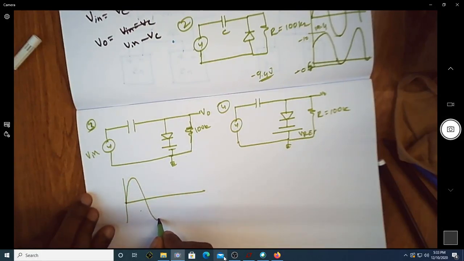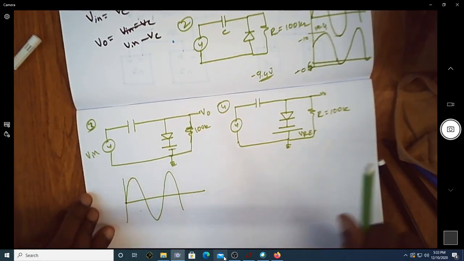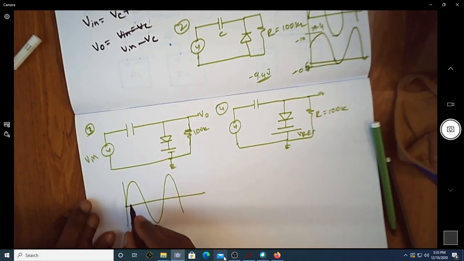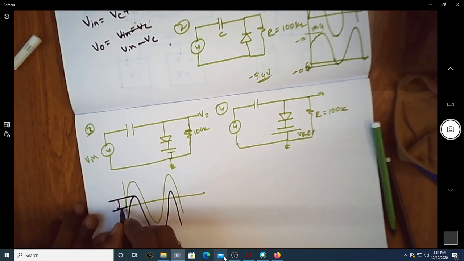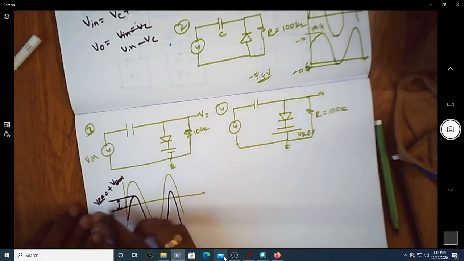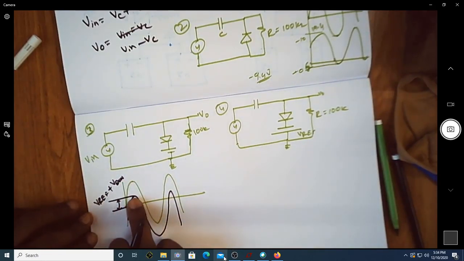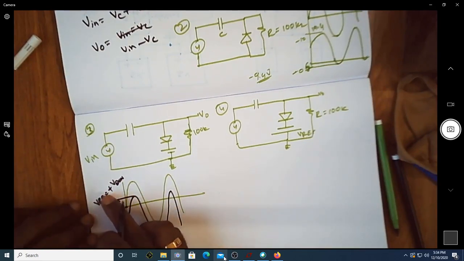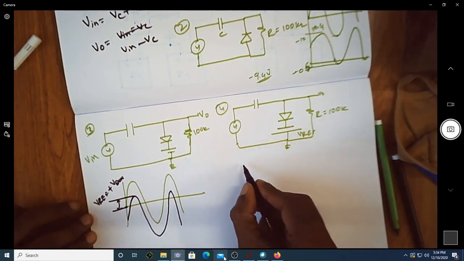The output voltage will look like this. Now this positive peak will be clamped to a voltage which is V reference plus VD on. So V reference plus VD on is the clamped voltage. This is how it happens for this particular circuit.